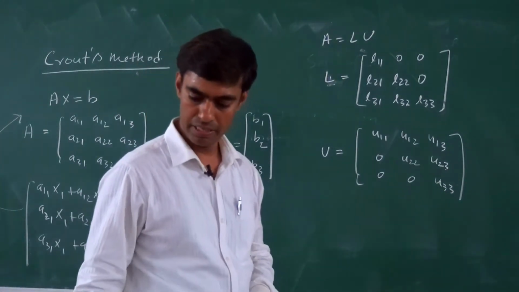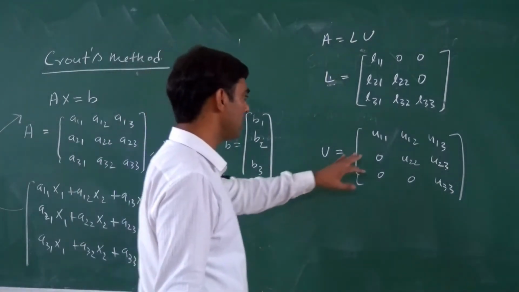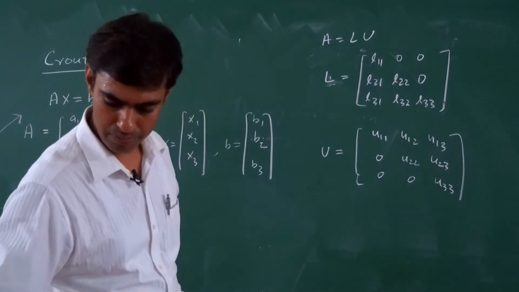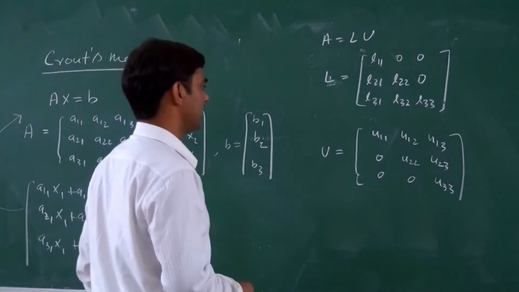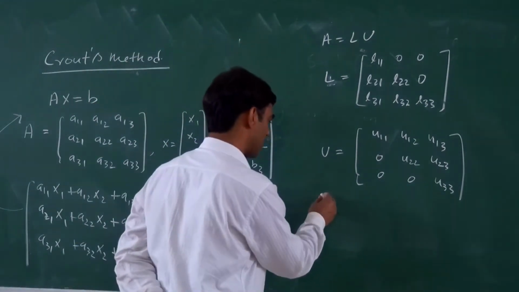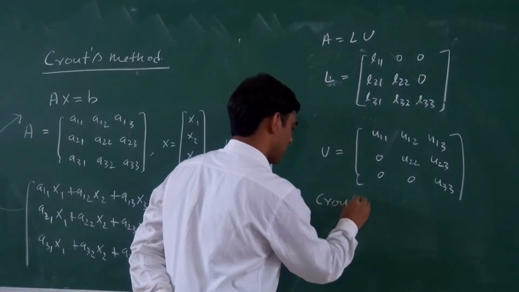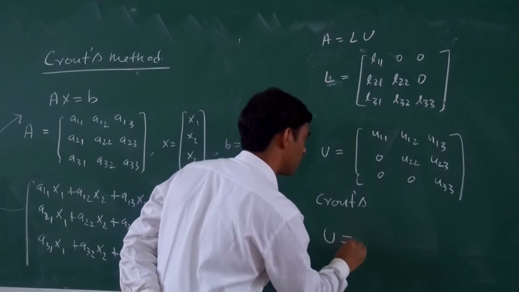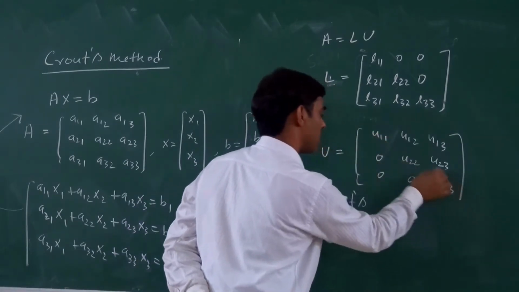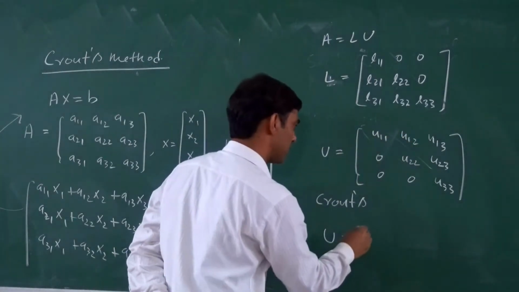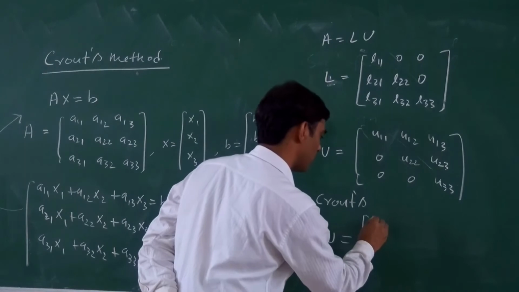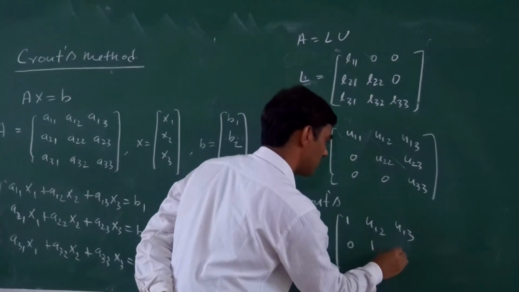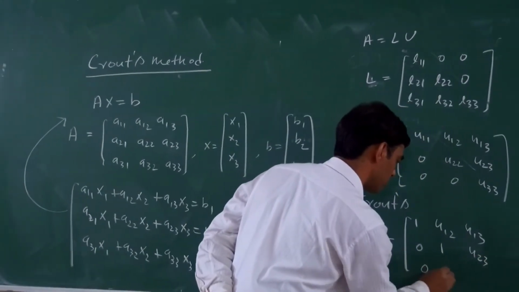But in Crout's method, we assume that the diagonal elements of the upper triangular matrix are 1. Then we try to solve the given system of linear equations. So in Crout's method, the diagonal elements of the upper triangular matrix are 1: 1, U12, U13; 0, 1, U23; 0, 0, 1.